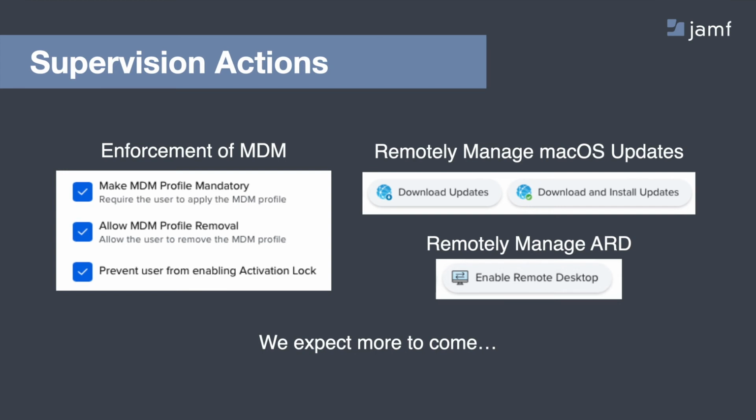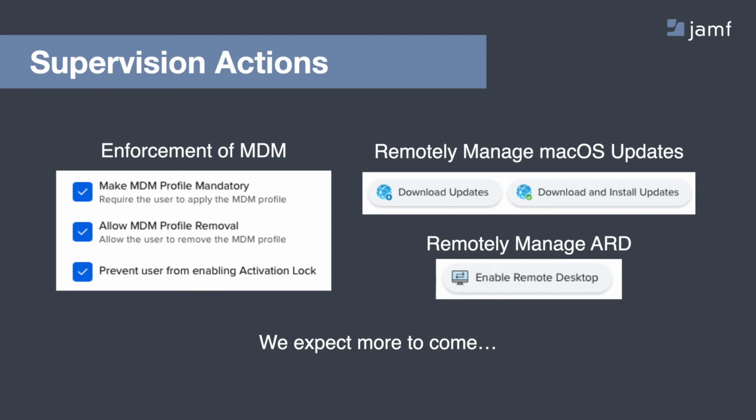The second option, download and install the macOS updates and enforce application of those updates immediately on the device. Another good recommendation from a security perspective so that you can patch those vulnerabilities as soon as possible. Another supervision action, enabling Apple Remote Desktop.